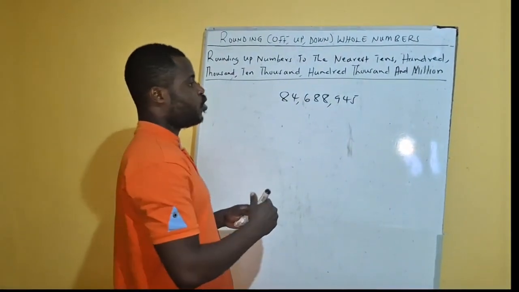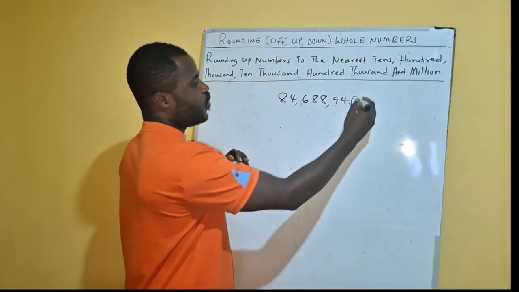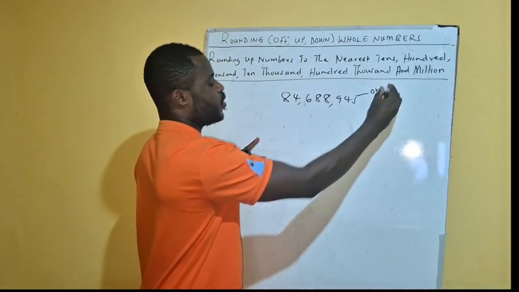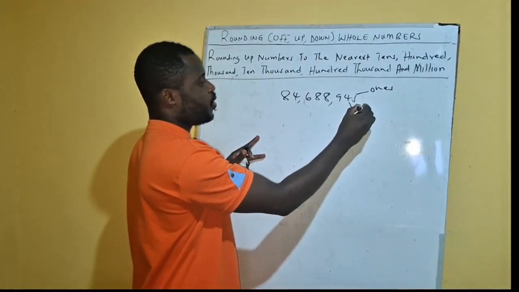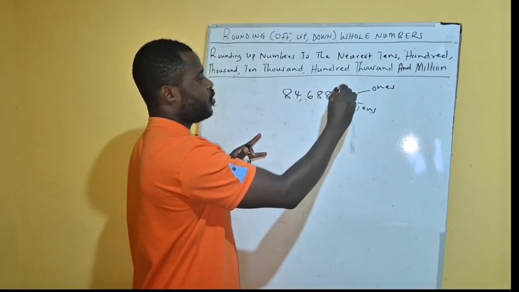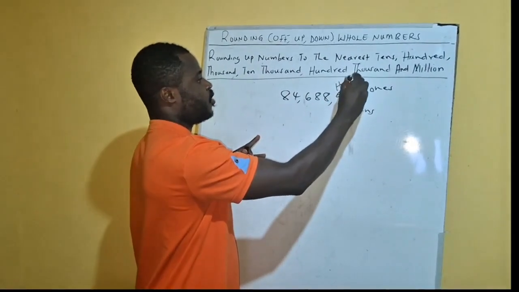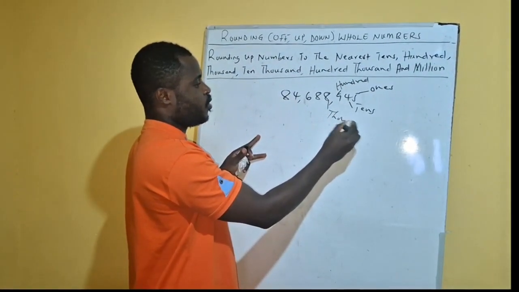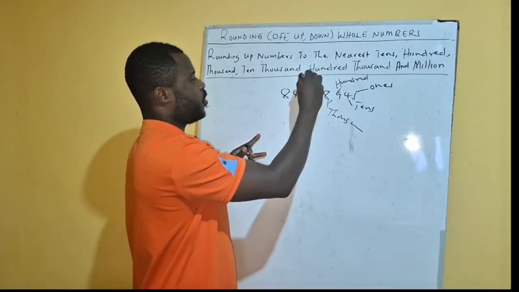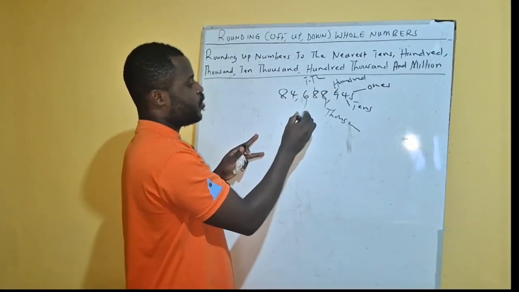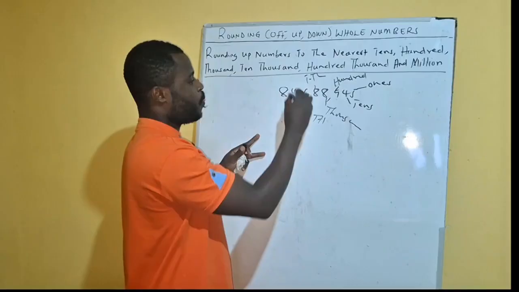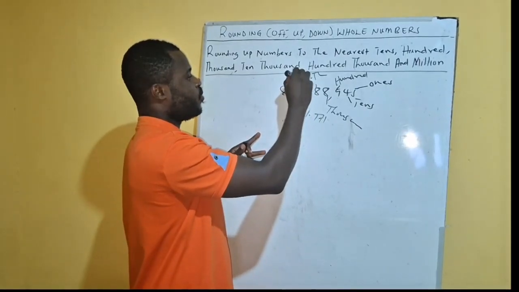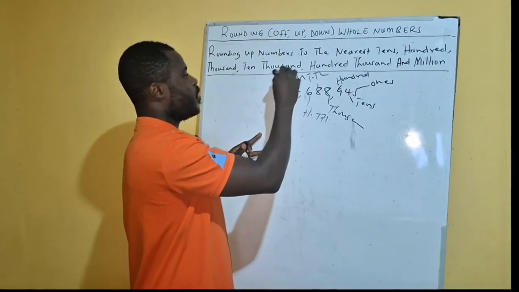Now, in the place value, we know from our right to left, the first number here is ones. The second number is tens. The third number is 100. Fourth number here is 1,000. This one gives us 10,000. This one giving us 100,000. This one giving us million. And this giving us 10 million.